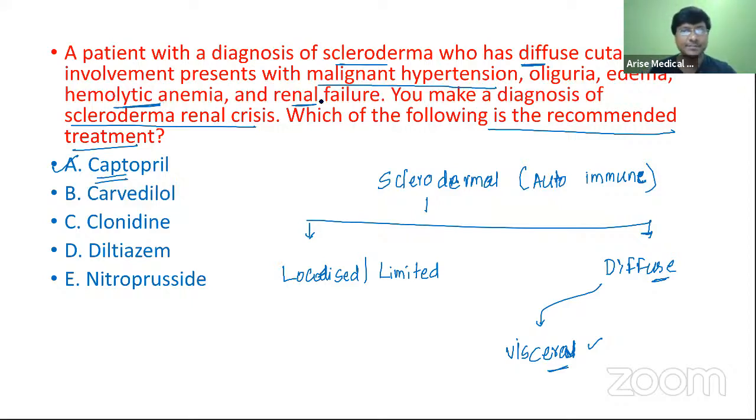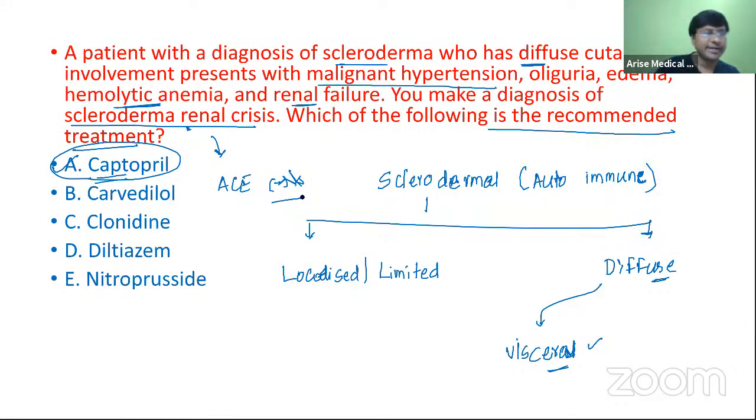So in scleroderma renal crisis, remember the drug of choice will be ACE inhibitors. Among the options given to you, the ACE inhibitor is captopril.